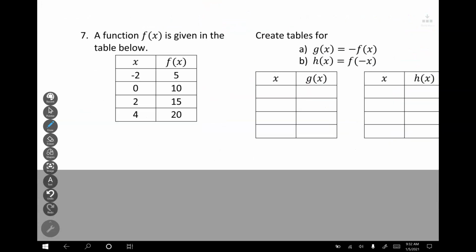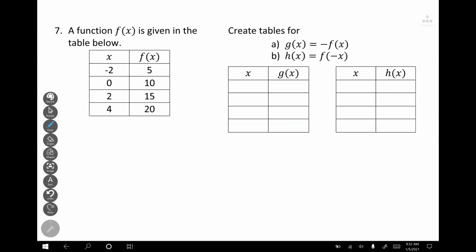All right. Now looking at a table. A function f of x is given in the table below. Create the tables for g of x, which is going to be negative f of x, and h of x, which is f of negative x. So the negative on the outside, that's negative y. You are multiplying each y value by -1.